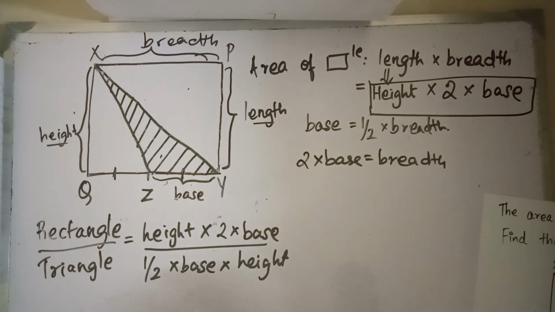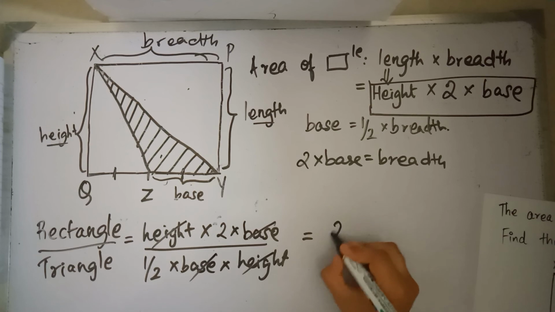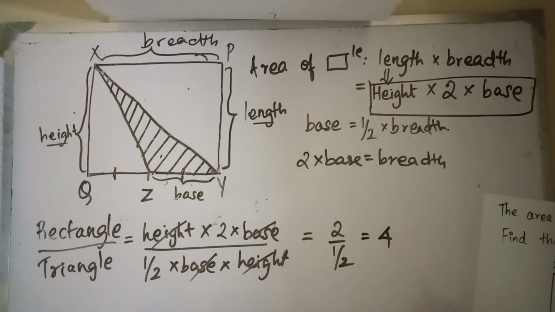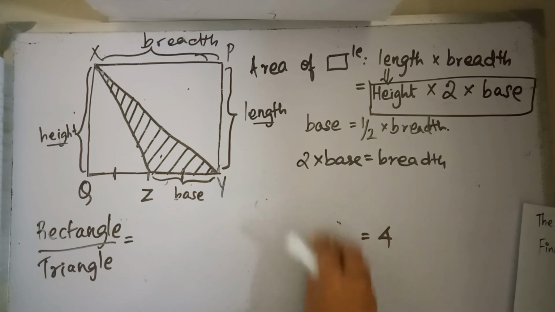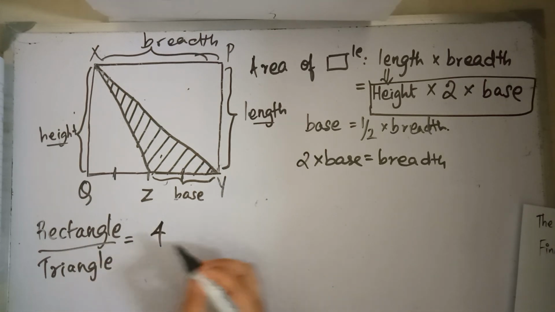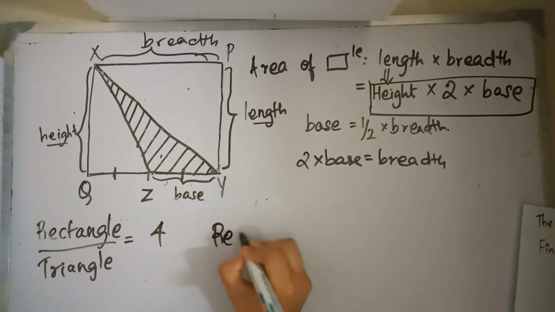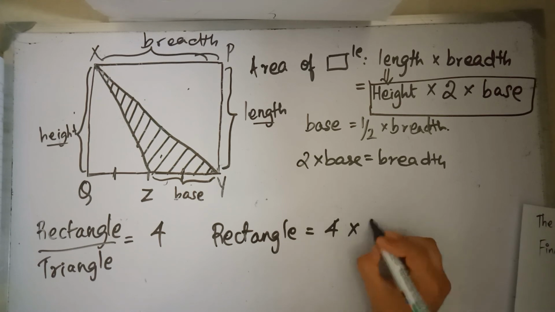Is that right? So this will give us height and height will get cancelled, base and base will get cancelled. We have 2 divided by 1 by 2 and this gives us 4. So rectangle by triangle is equal to 4. So rectangle is essentially 4 times the area of the triangle.